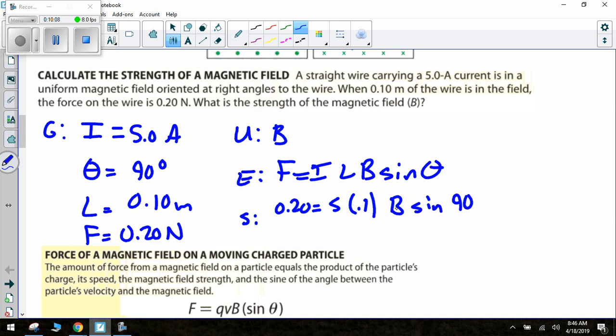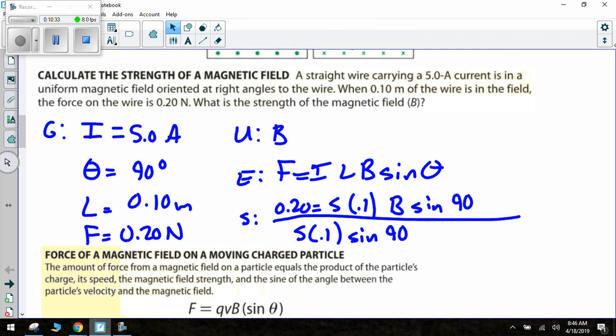So to get B by itself, I need to do the opposite of multiplying, which is divide. So I'm going to divide both sides by 5 times 0.1 times sine 90. 5 times 0.1 is 0.5. 0.2 divided by 0.5 is 0.40, I think. Pretty sure that's what it is.